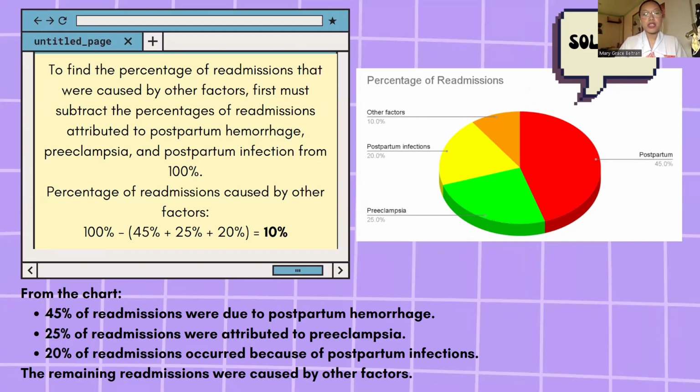From the chart, 45% is the postpartum hemorrhage, 25% is attributed to preeclampsia, and 20% is the postpartum infections. So we add it all up, it is 90%, subtracted from 100%, which equals 10%.